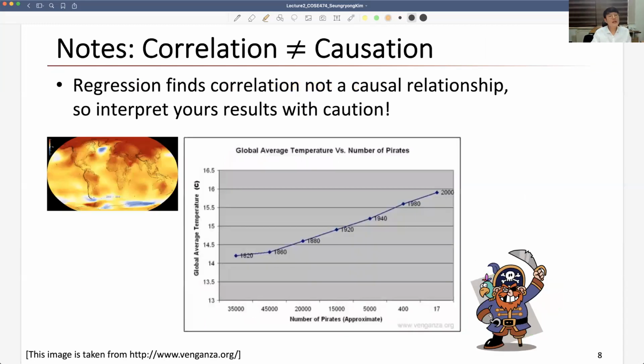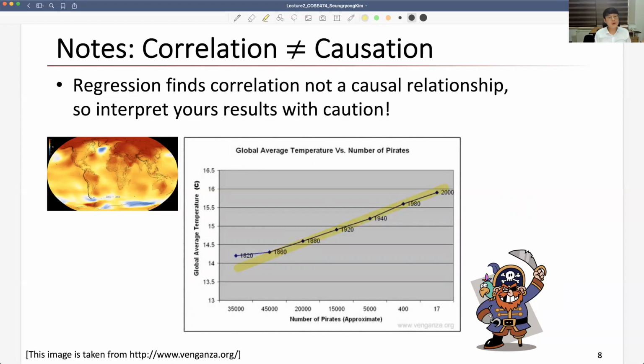Okay, before continuing, I would like to emphasize something. Regression finds correlation, not a causal relationship. Here is an example. This figure represents the relationship between the number of pirates and the global average temperature. As you can see, it seems like there is some correlation between them.